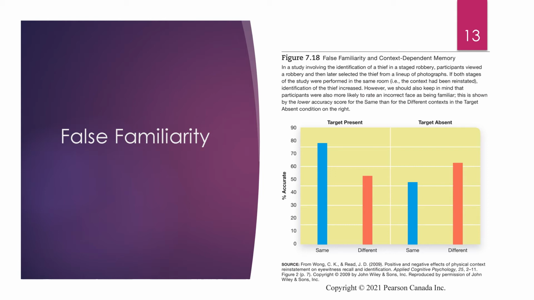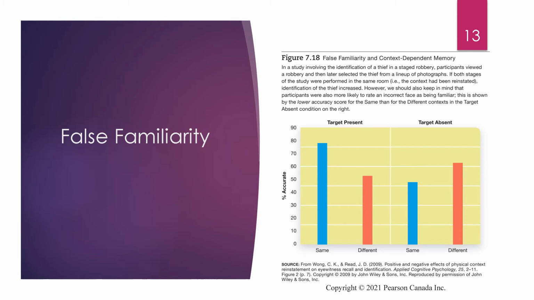If both stages of the study, when they asked them to view the video and when they asked them to identify the person, were performed in the same room, giving you that same context, identification of the thief increased, so they were better able to identify him, but participants were also more likely to rate an incorrect face as being familiar, which is shown by the lower accuracy score in the same versus different contexts in the target absent condition.